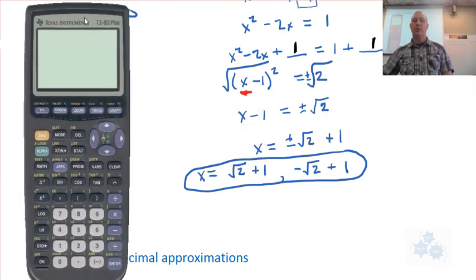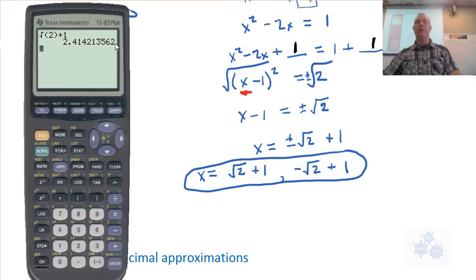So let me just show you. The square root of 2 plus 1, this is the decimal for that. And if you write this decimal down, you have to round it. Even if you write all the numbers that are on your calculator, that's not all of them.